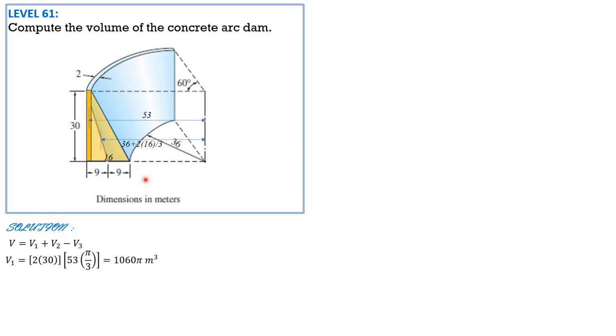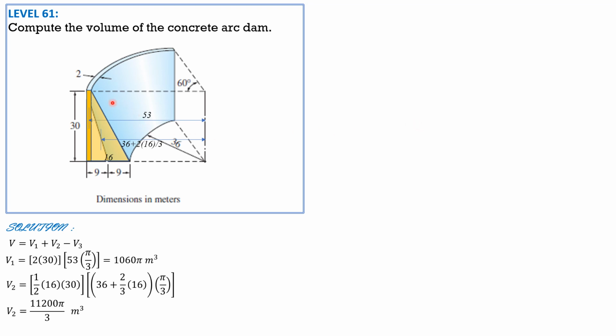So volume therefore is area, which is 1/2 of 16 times 30, times the quantity 36 plus 2/3 of 16, times pi over 3 radians. So volume 2 is equal to 11,200 pi over 3 cubic meters.